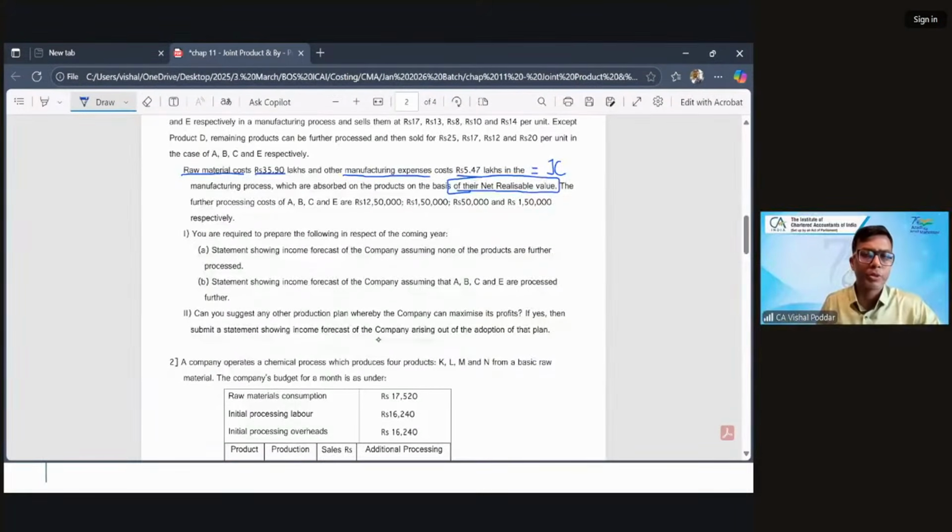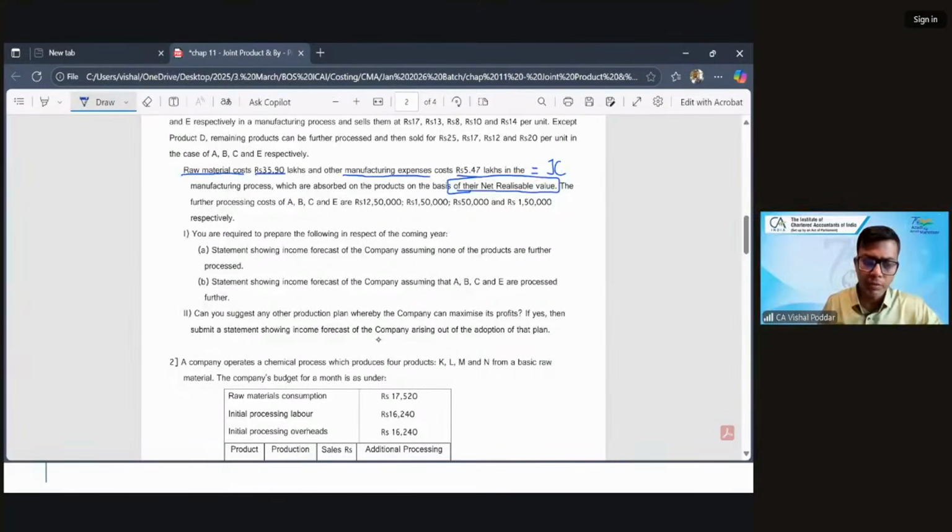But what we will do, students, since this is our first sum, instead of going by one method, as I do always, when we have multiple methods, we solve one question by all the methods to understand what is the difference, correct? So we'll do this one sum by all the methods, but as you can see, out of the different methods we have, they have asked you to solve it by NRV method.